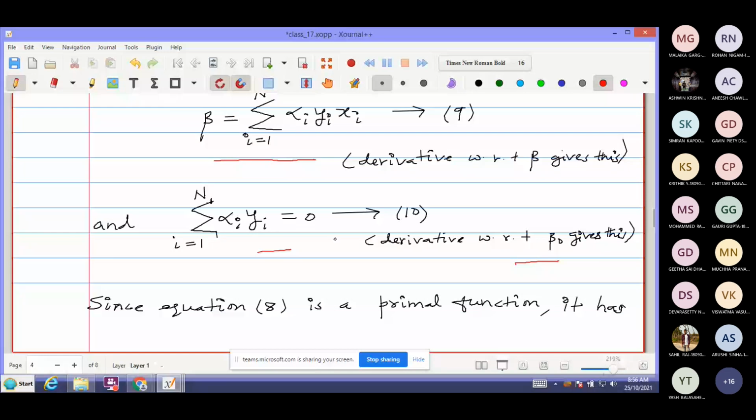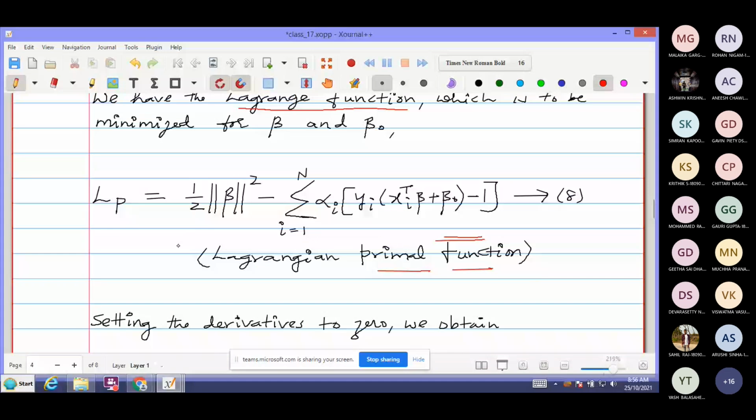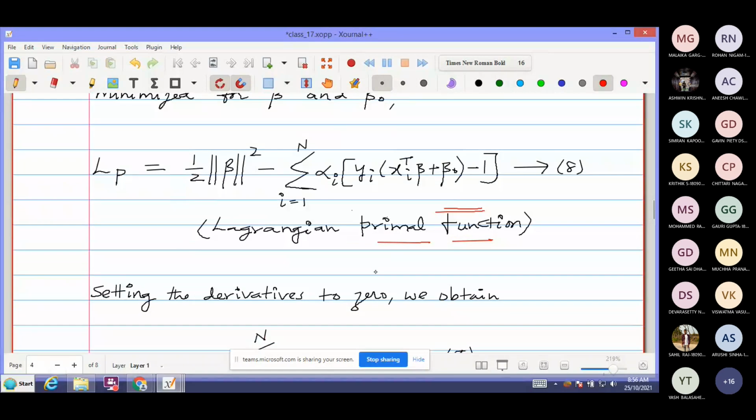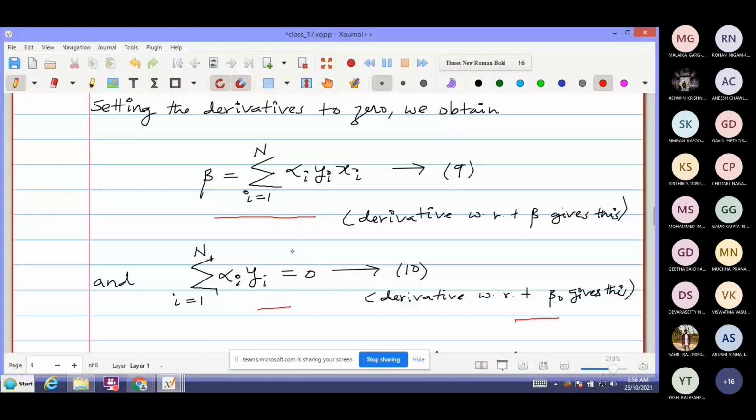Always remember this primal function has a dual solution. The solution obtained by the dual is nothing but the solution of this primal, by finding its minimum or optimal value. That's done by deriving with respect to the parameter and setting it to 0.